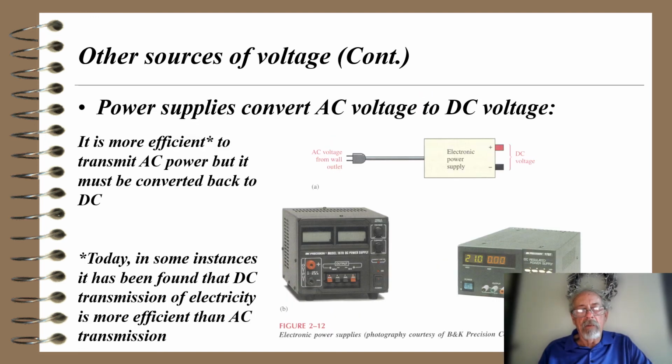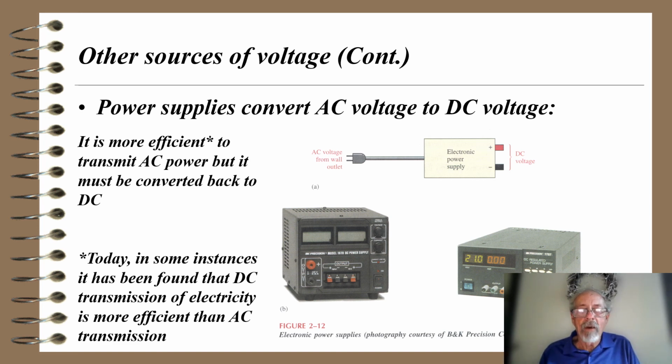Where else can we get power? Well, power supplies convert AC voltage to DC voltage. It's more efficient to transmit AC power, but it must be converted back to DC. You'll probably hear more about that, or maybe you have watched the Discovery Channel's series about the Edison-Tesla war of the AC versus DC.